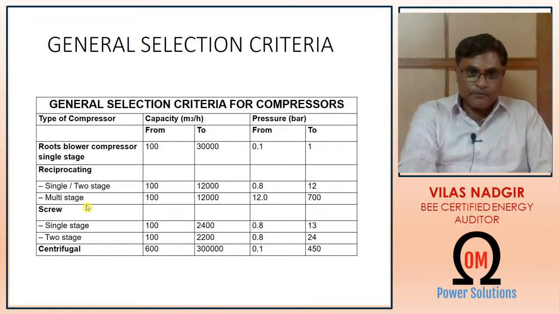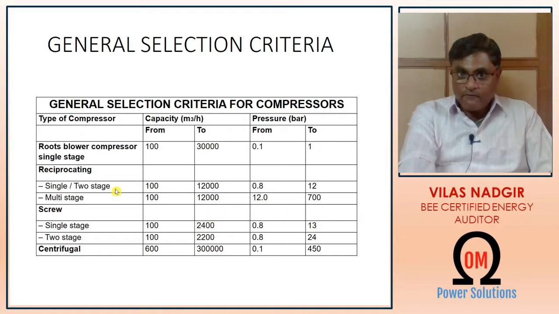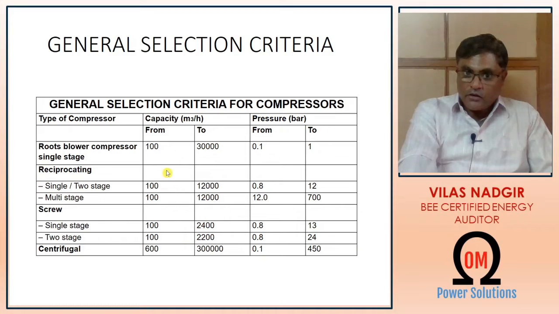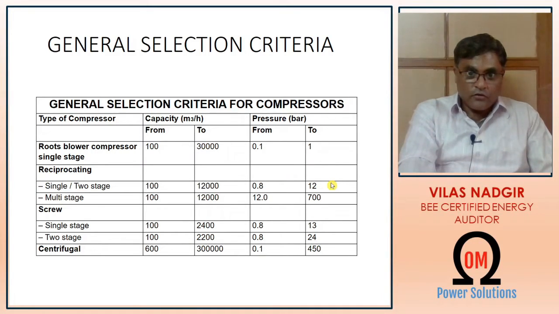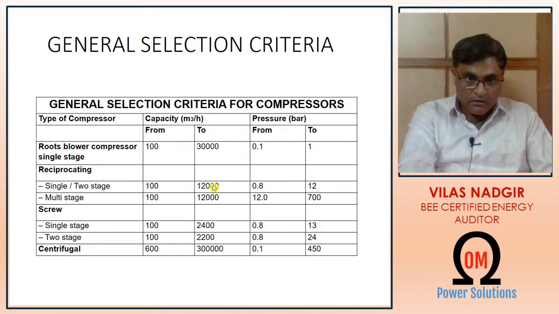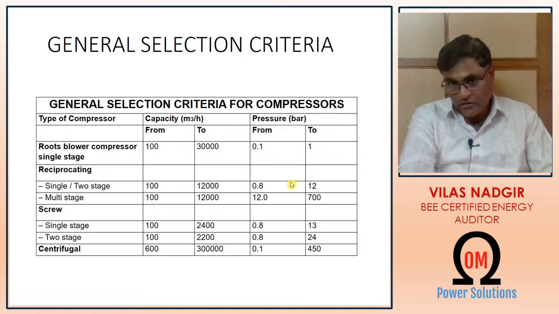Here in this table, you can see that a reciprocating single or two-stage compressor works from 100 cubic meter per hour to 12,000 cubic meter per hour at a pressure of 0.8 to 12 bar. So if your working condition is this much, you can go for a single or two stage reciprocating compressor.